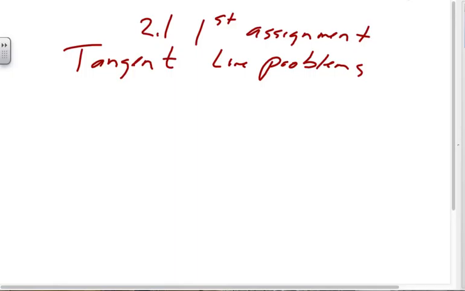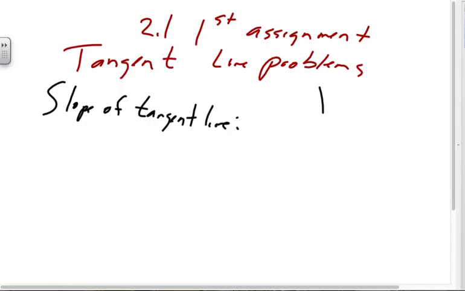If you remember, we had talked about the slope of a tangent line. If you have a function that looks like this, we want to find the tangent line here, that slope. What we had to do was pick some point up here.